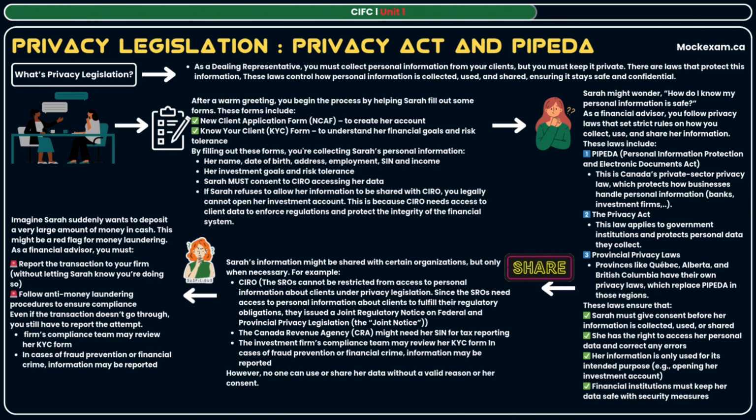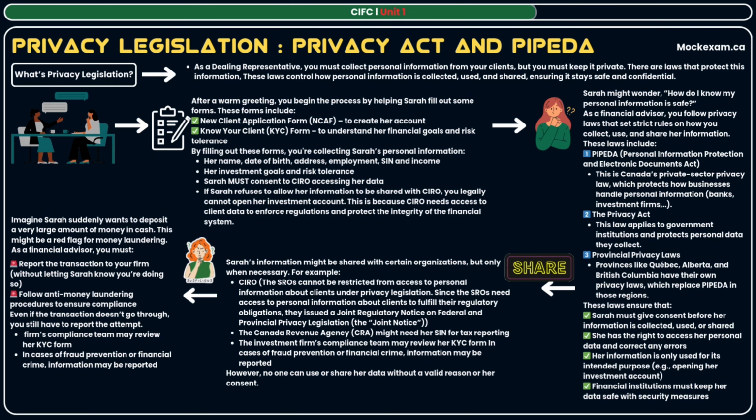To be specific, to your firm's compliance team or department. But remember, you should not let Sarah know that you are doing it. If Sarah is depositing a large amount of cash, you can't just say, okay Sarah, I want to report you because it's a red flag. No, Sarah shouldn't know about it.